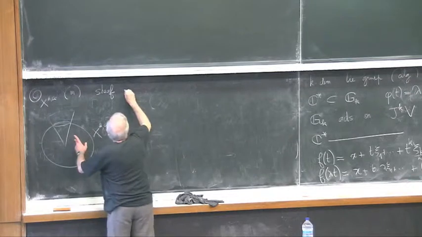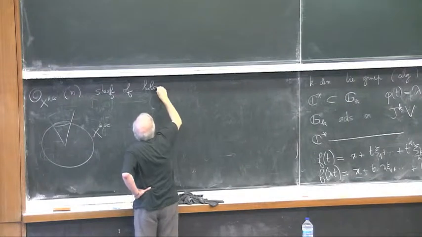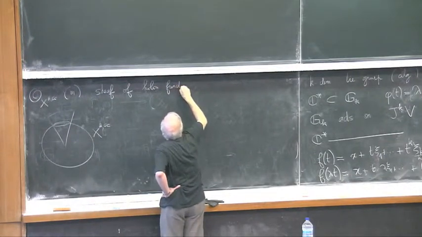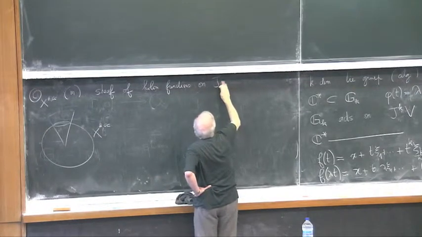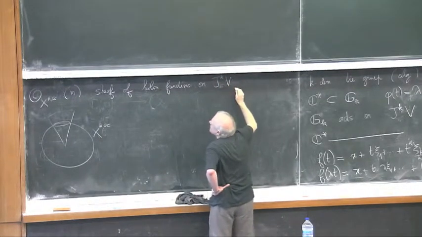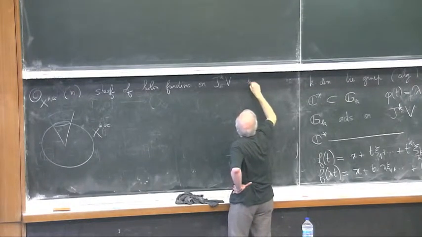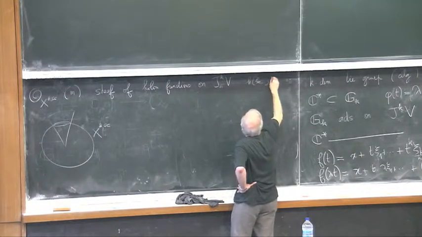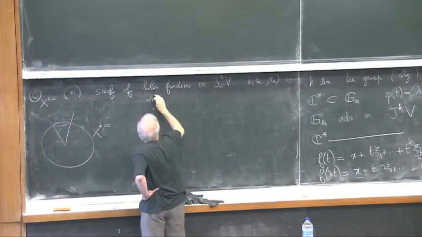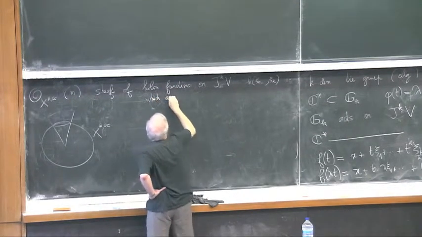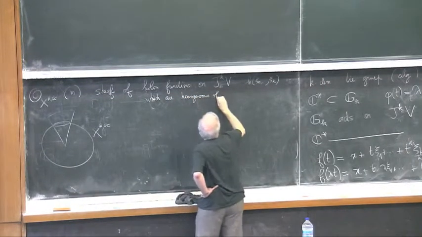So it's the sheaf of holomorphic functions on J_k V, say h(c_1, ..., c_k), which are homogeneous of degree m.